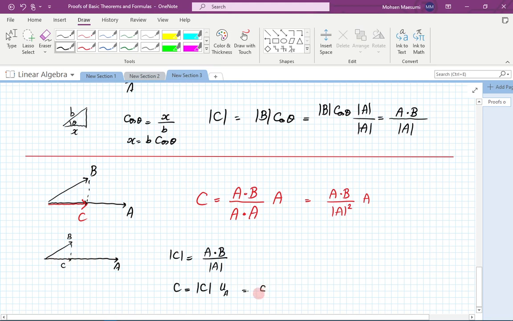So instead of the length of C, I'm going to put its equivalent value, A dot B over the length of A, and the unit vector in the direction of A. Well, the unit vector in the direction of A is A divided by the length of A. So by now I have A dot B over the length of A squared times A. Another way of writing this, we said last time, is that you can dot a vector with itself.